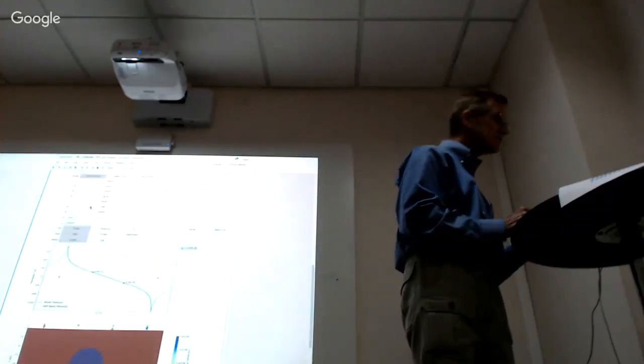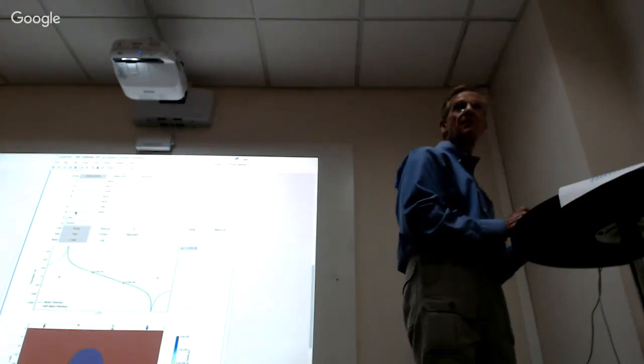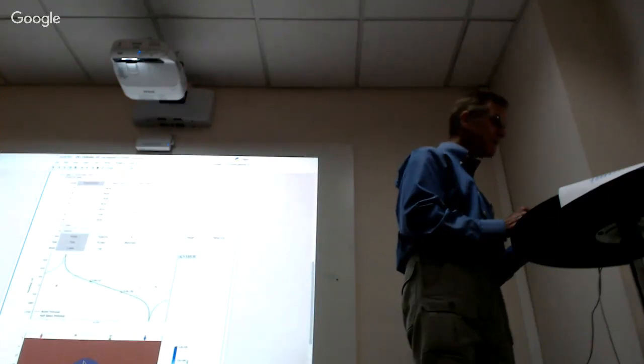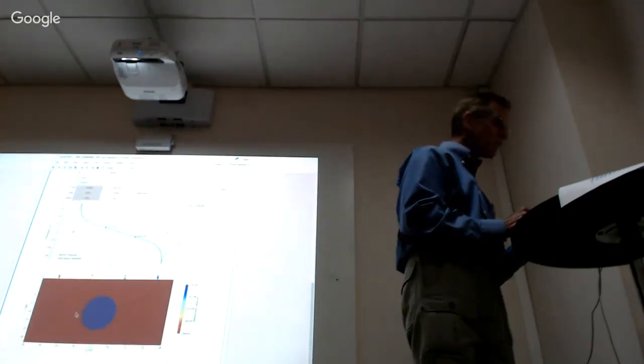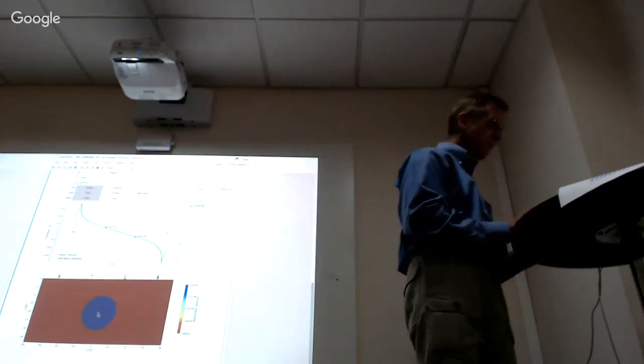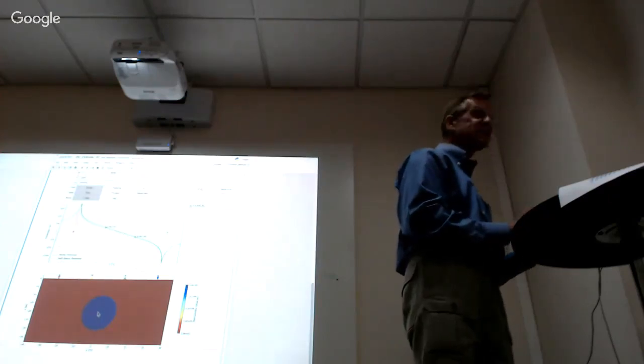Big tunnel? Good? Okay. And depth? Depth to the center, would you like? 20 meters. Well, it's depth to the center of a 10-meter radius.